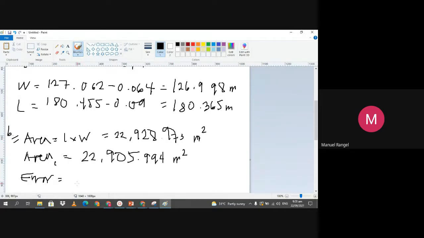It gives us an error of about 22.979 square meters. So that is the error in area introduced by the tape.